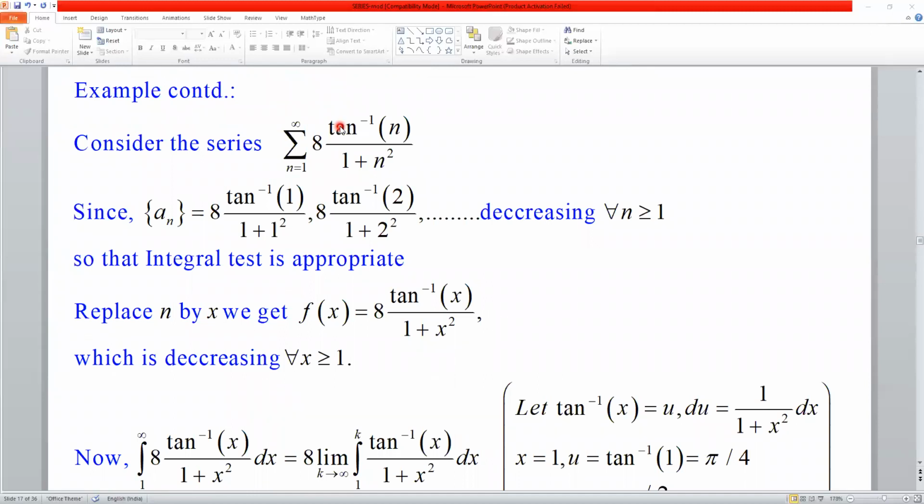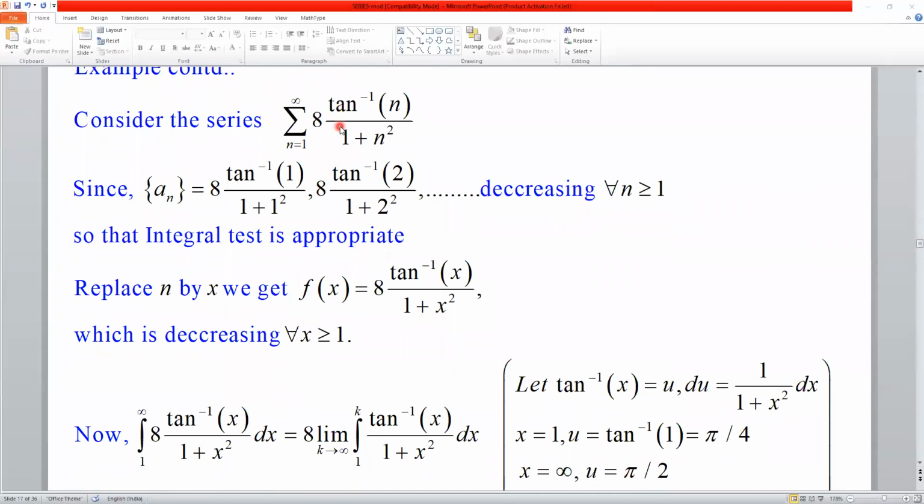Let us take another example. Summation of n is equal to 1 to infinity, 8 times tan inverse of n by 1 plus n square. So the nth term is 8 into tan inverse of n by 1 plus n square. Let us write the sequence of this series.